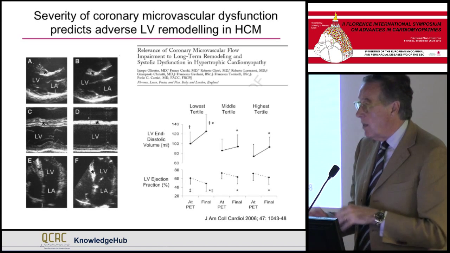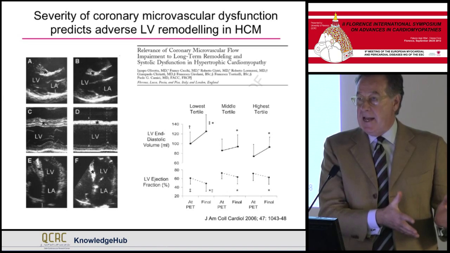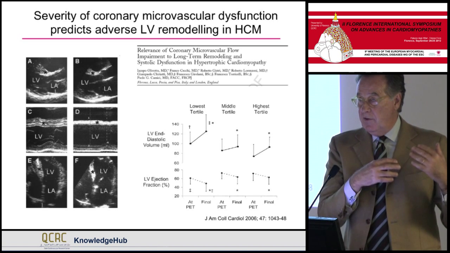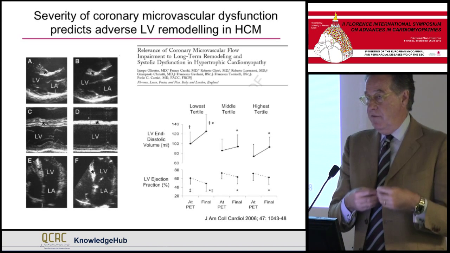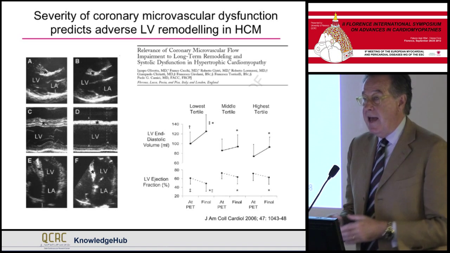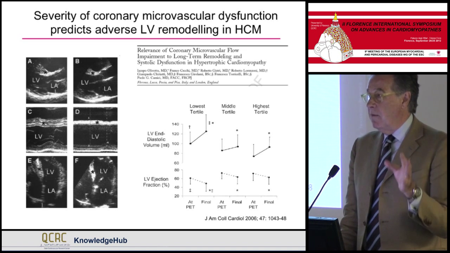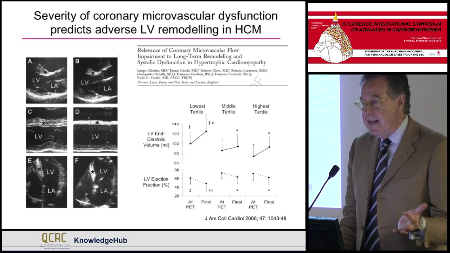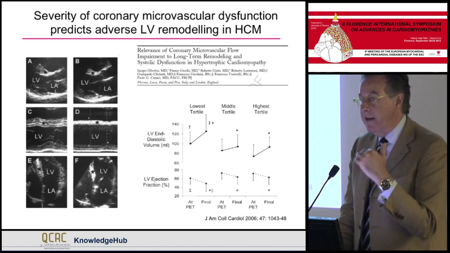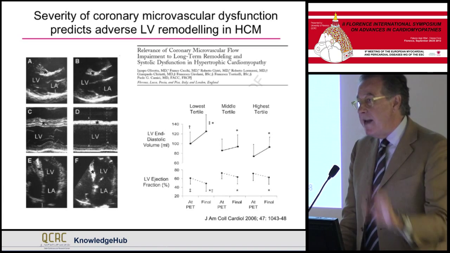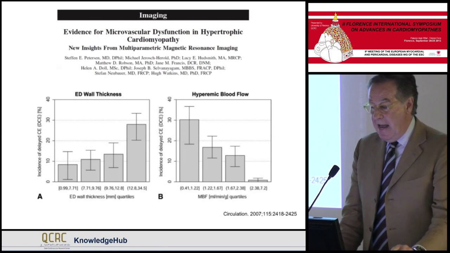So there was a link between the PET finding at time zero of a severe reduction of flow during hyperemia and the development of end stage. Again, it's not proof, but it's strongly indicative. And in multivariate analysis, this was an independent predictor of end stage.